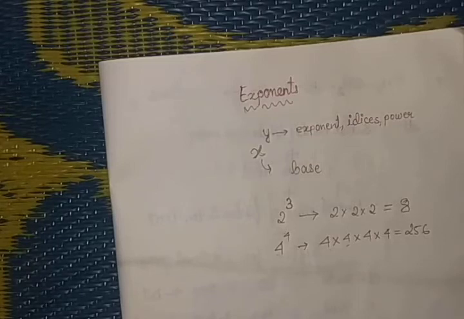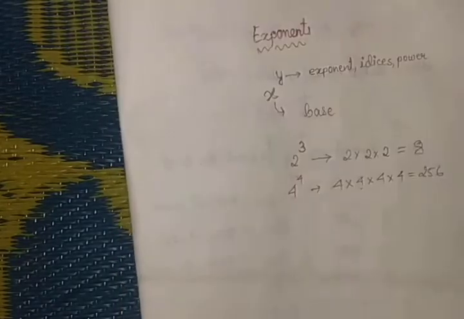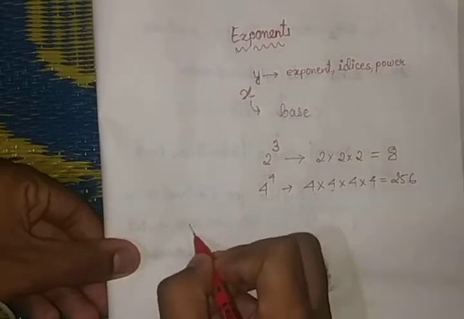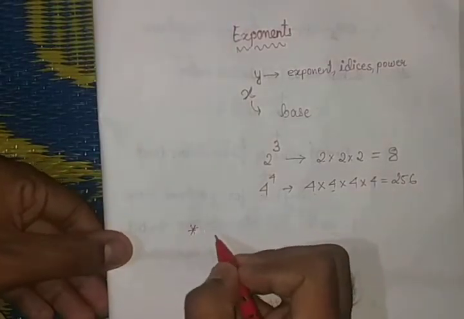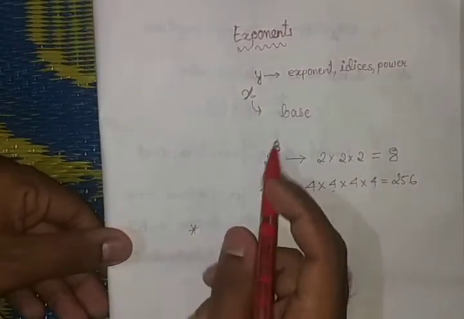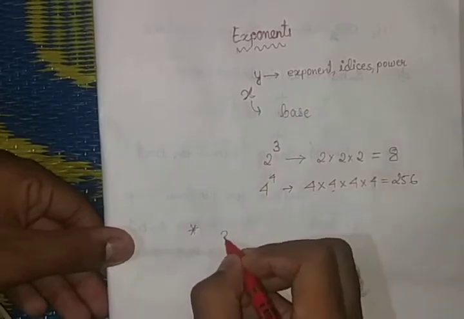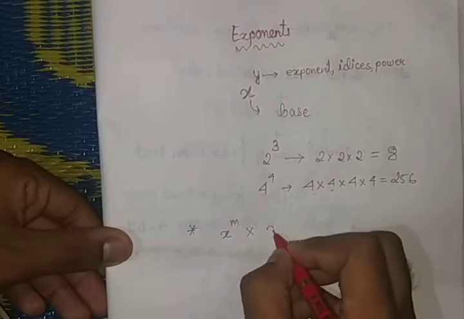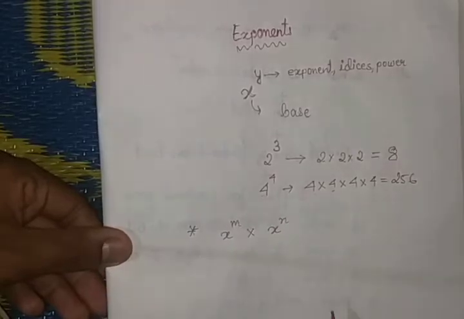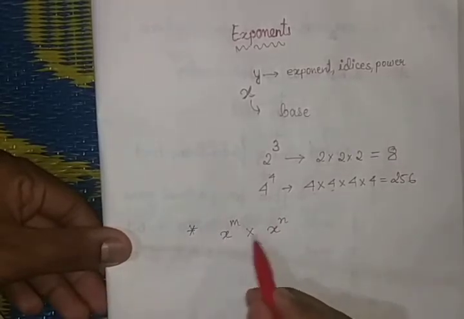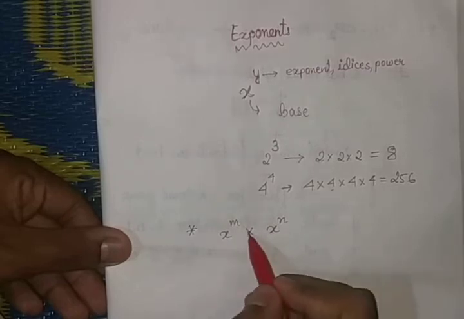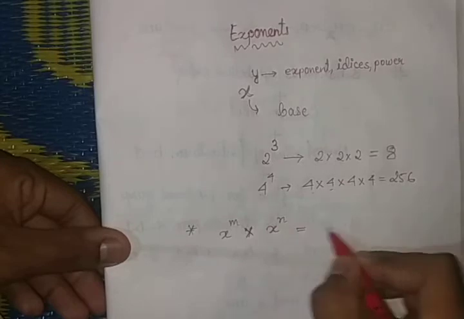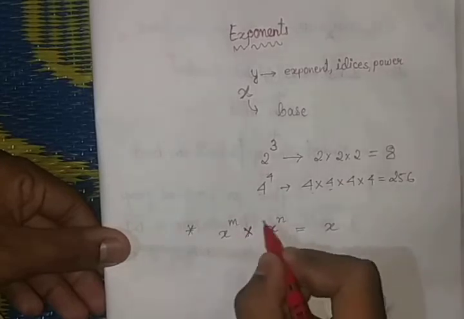Now these bases and indices have certain rules. What are those rules? If we have to multiply two numbers given in this power form, suppose x to the power m multiplied by x to the power n, then when both the bases are the same and they are connected by a multiplication sign, in that case we have to add the powers.